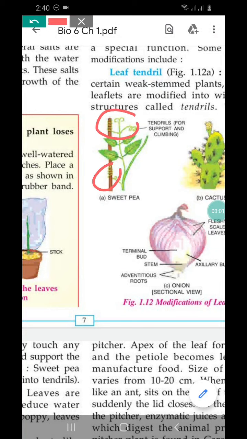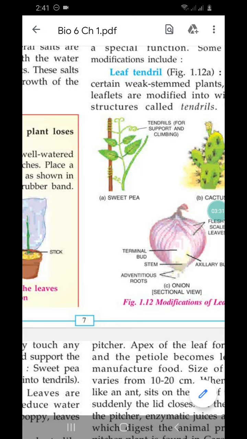Here you can observe, what are they doing? They are tying themselves to the stick. Okay, so tendril is a leaf modification. A leaf changing itself into a thread-like structure to give support for a plant to stand.